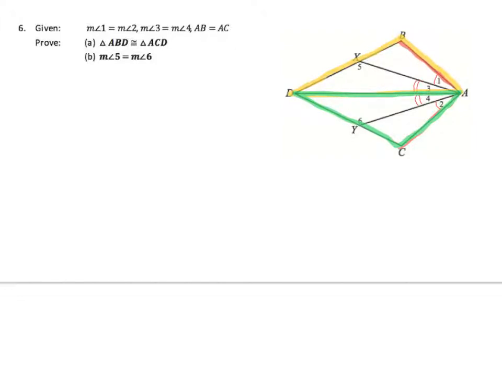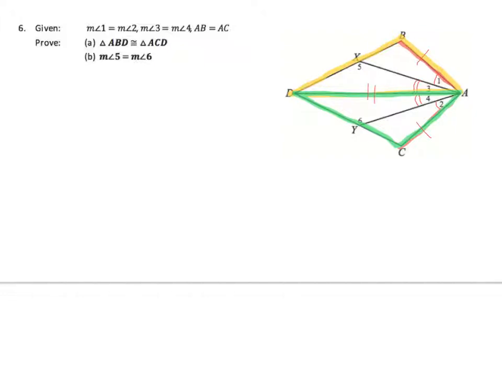Okay, I already see the triangles share a side. So it looks like I can say these two things are congruent, which we always just mark. So if I can do side, and then I can do these angles, angle 1 plus angle 3 equals angle 2 plus angle 4. So I've got side and an angle. It looks like I just need another side, or sorry, another angle. Oh no, we know that AB is equal to AC. Let's mark that.